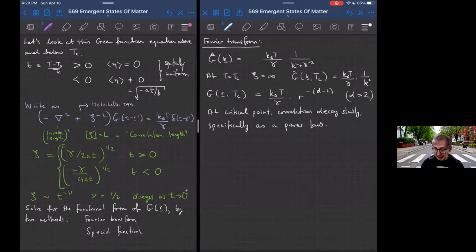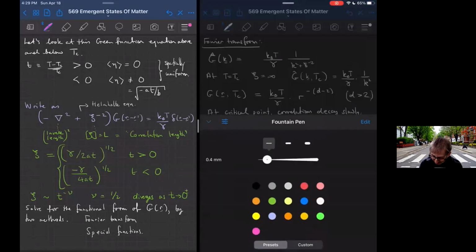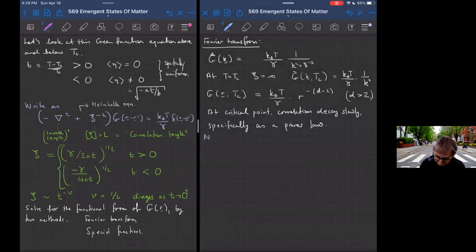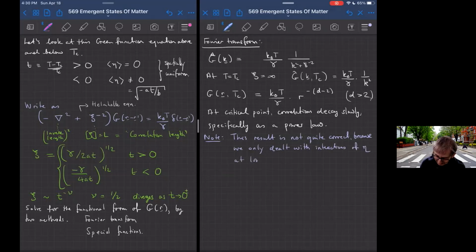So this prediction that we've just found from Landau theory is not quite correct, and it's not quite correct because we only dealt with self-interactions of eta at lowest order. If I get time, I'll show you that.